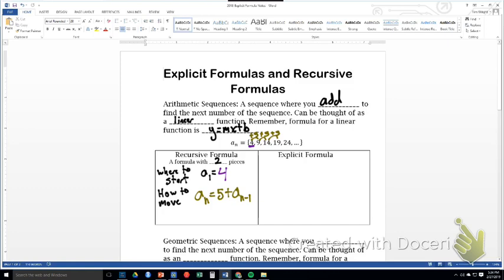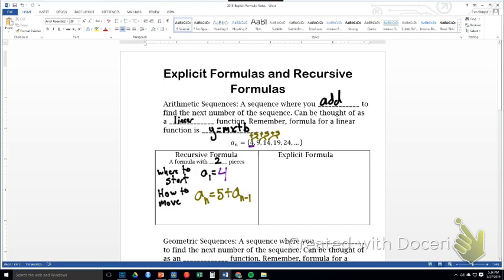The problem with the recursive formula is if I want to know the 100th number in a sequence, I have to know the 99 numbers before. So now I need to figure out a formula that tells me what any number is. And that is what we call the explicit formula.